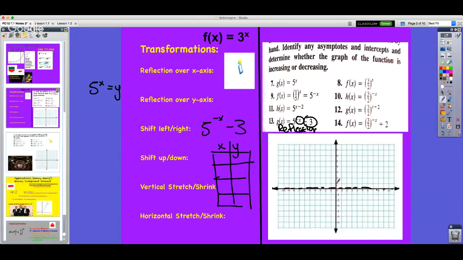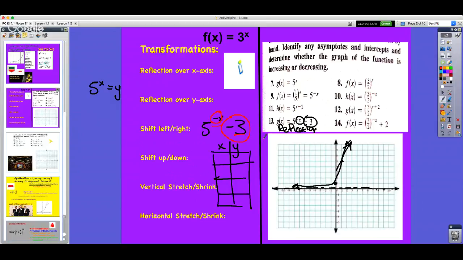When I plug in 0, I get 1, right? Plug in 1, I get 5. And so as you can see, this graph, if I go down, there you go. I've drawn the graph right there. It's traditionally what's in black, right? With negative x and -3, we're transforming it. And so you do this either by a T-chart or by looking at transformations. That would be awesome. All right.